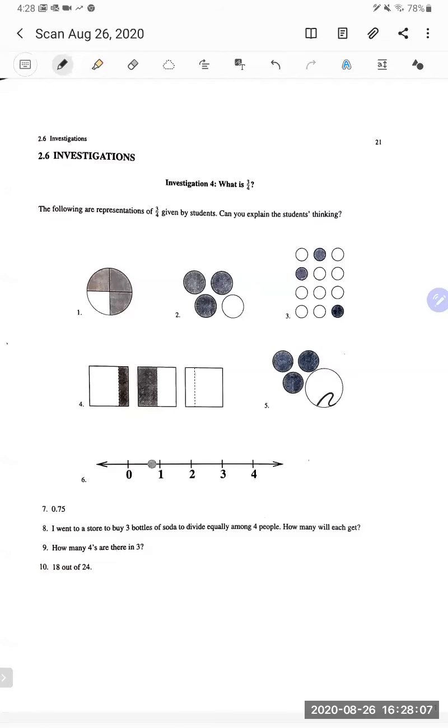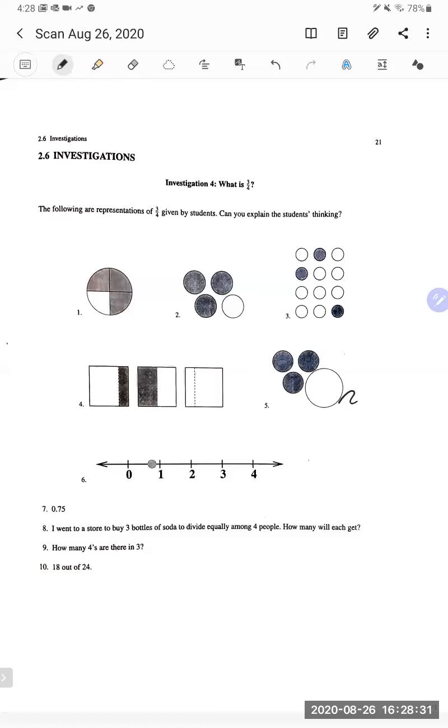If you compare number 2 to number 5, you'll see that they're very similar. It's just that in number 5, the circle that's not shaded in is a lot bigger than the other 3. This could still represent 3/4 if you're thinking of the circles as just individual items. So then you've got 4 individual items, and 3 of those items are shaded in. So this is 3/4.